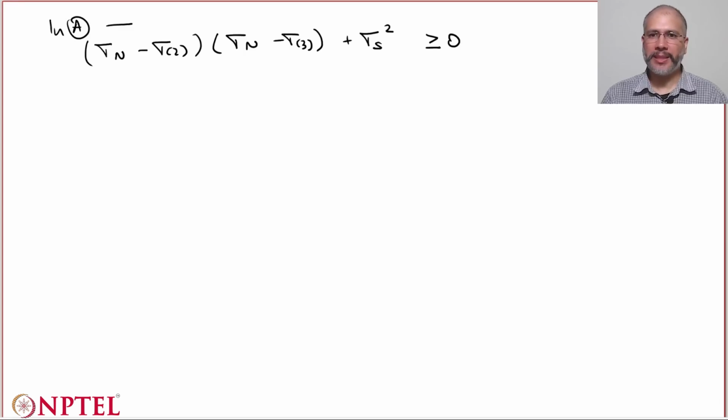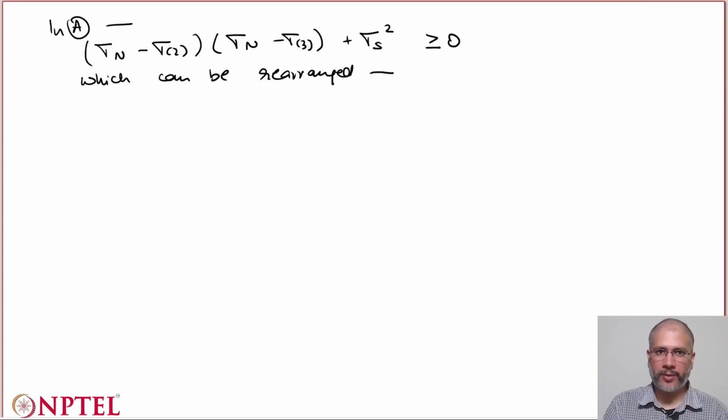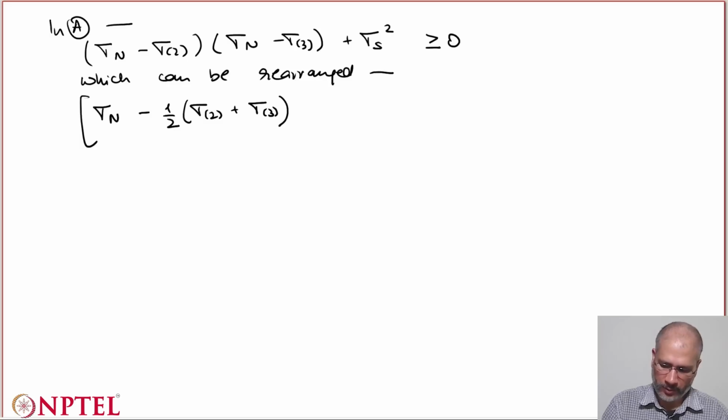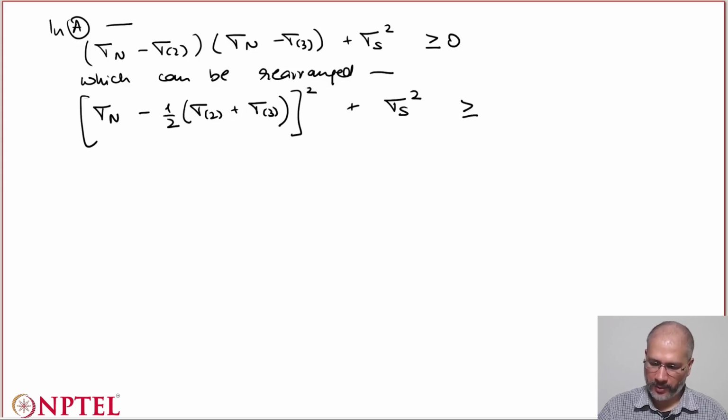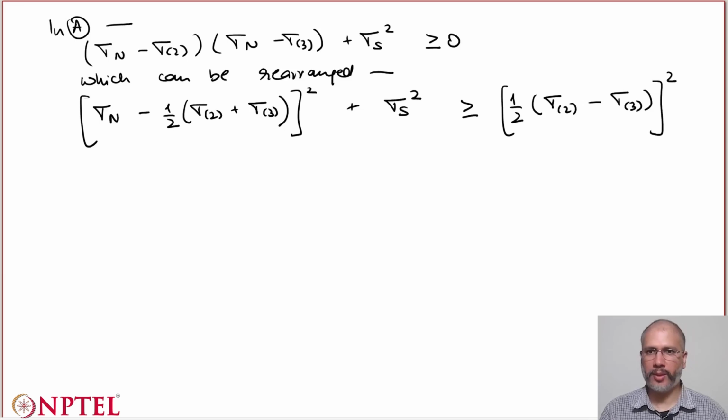And this equation can be rearranged, which gives us the following equation: sigma n minus half of sigma 2 plus sigma 3, this whole value squared, plus sigma s squared is greater than or equal to half of sigma 2 minus sigma 3, and this whole is squared as well.